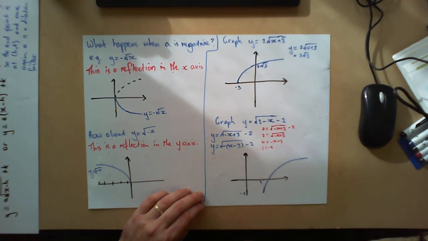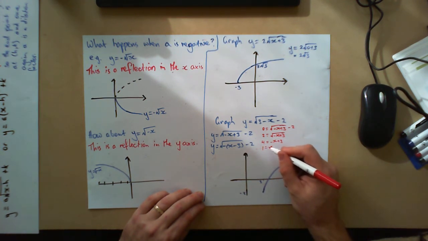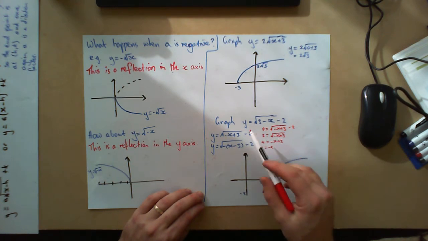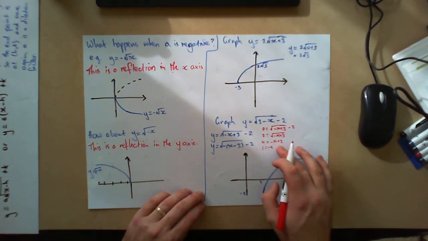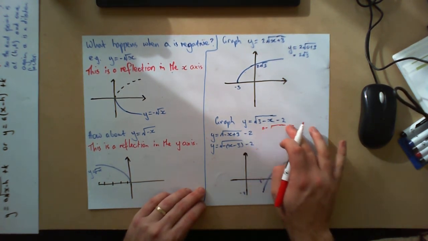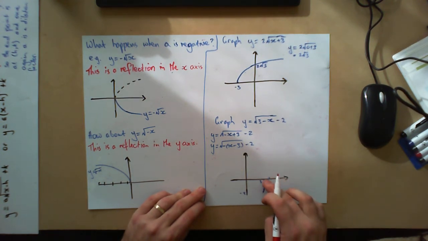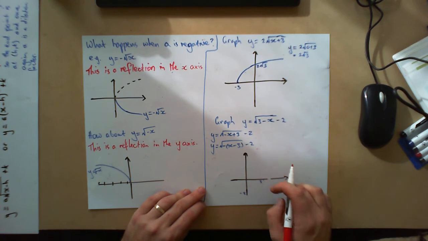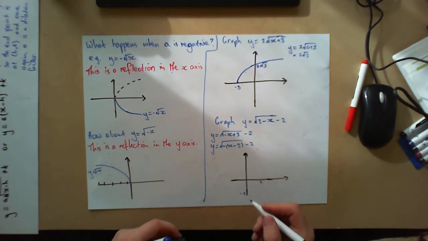No, I've mucked something up there. I've absolutely mucked something up. What have I mucked up? Oh, I know what I've mucked up. Sorry, we need to go back a step. Mucked up my graph here. I forgot something really important.